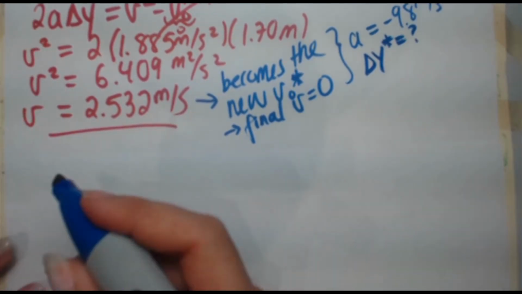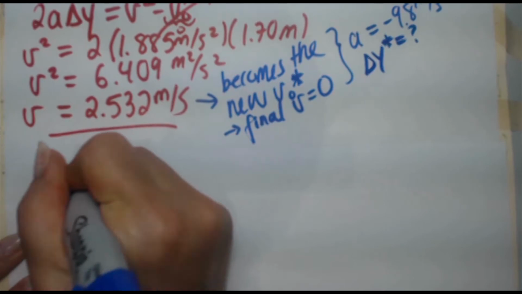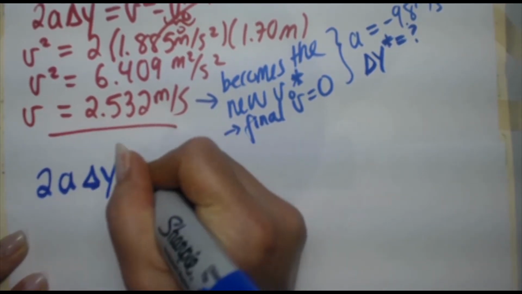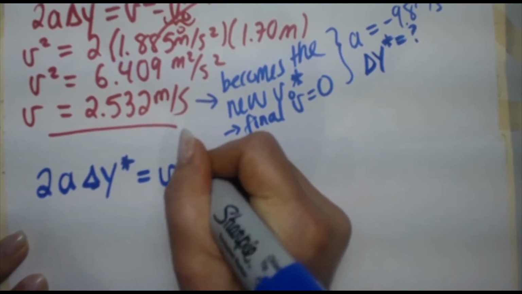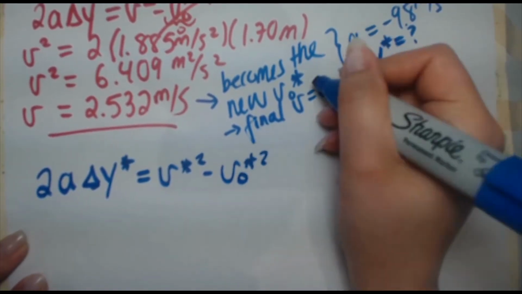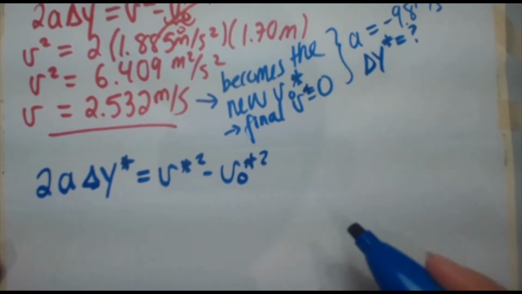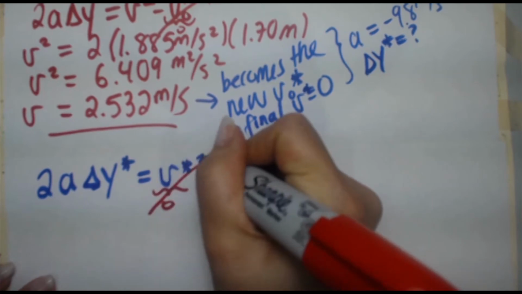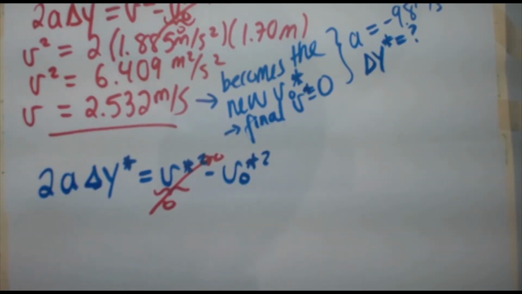Using that same formula, 2a delta y star equals v star squared minus v naught star squared. Okay, v star is 0, so 0 squared disappears.